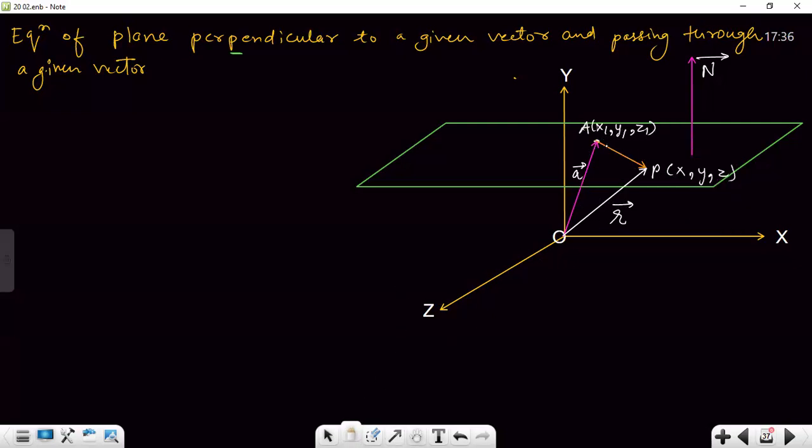So A vector is given, the normal vector is given. These are the only two pieces of information. It means we know a point on the plane and we know the normal vector to the plane.